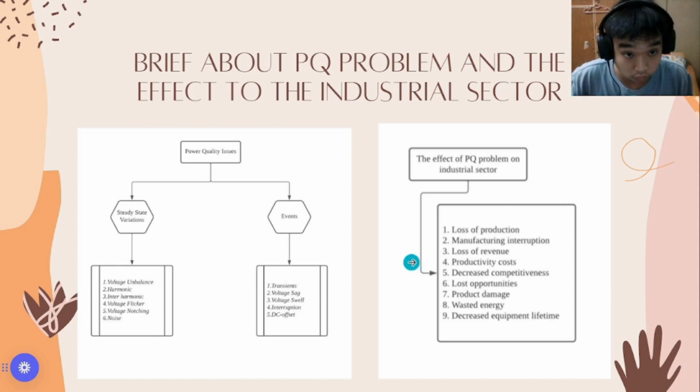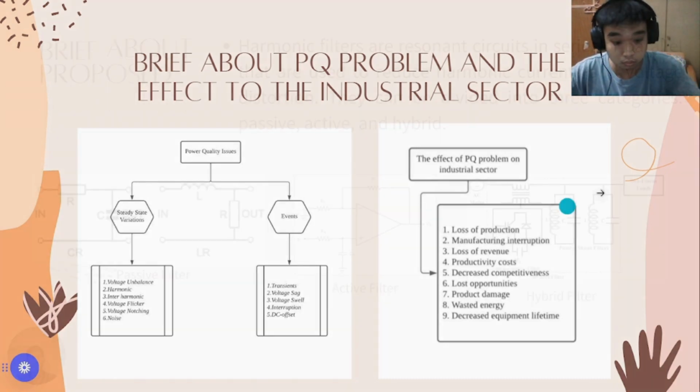In the event variation, there are included malfunction, voltage sag, voltage swell, interruption, and the last one is DC offset. The effects of PQ problem on the industrial sector include loss of production, manufacturing interruption, loss of revenue, productivity costs, decreased competitiveness, lost opportunities, data damage, wasted energy, and lastly, decreased equipment lifetime. That's it for me. Thank you.